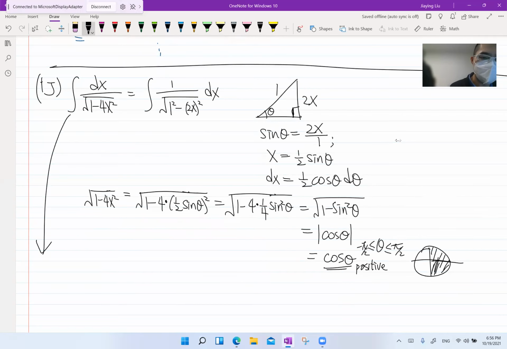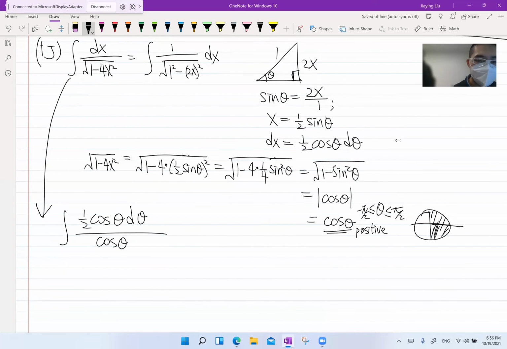So now we can go back and rewrite the integral. We have integral dx, which we found is 1/2 cosine theta d theta, and the square root part gives us cosine theta. Right? Oh, that's nice. I hope I didn't do anything wrong, but okay, I'll take whatever I have.